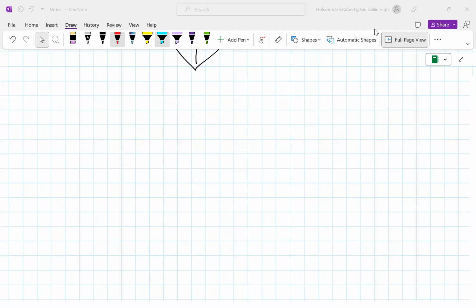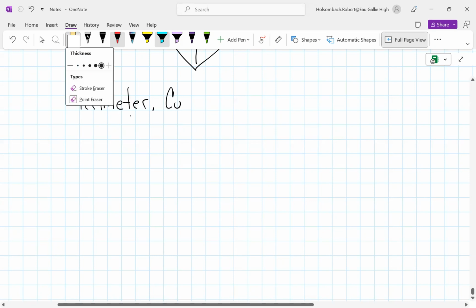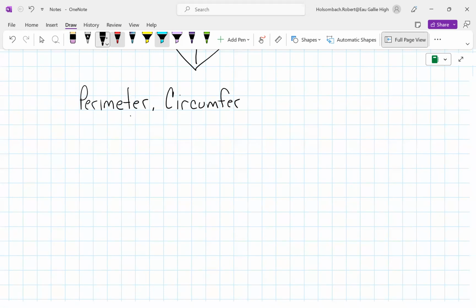Okay, so page 58 today, we're going to talk about perimeter, circumference, and area.